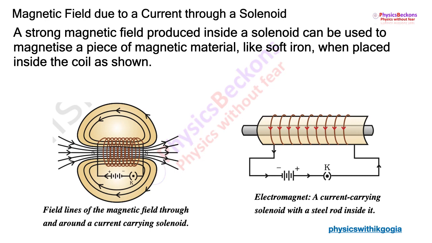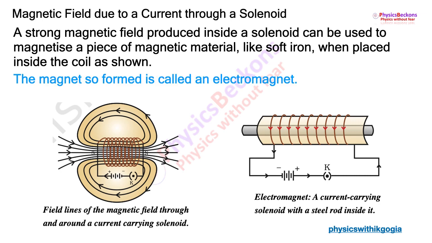Alternately, if you use a soft iron rod inserted in the solenoid, the magnet so formed is called an electromagnet. You have electromagnet in the second diagram.